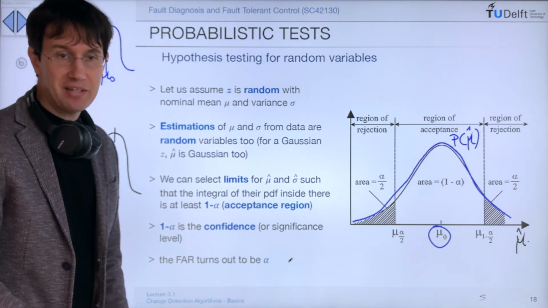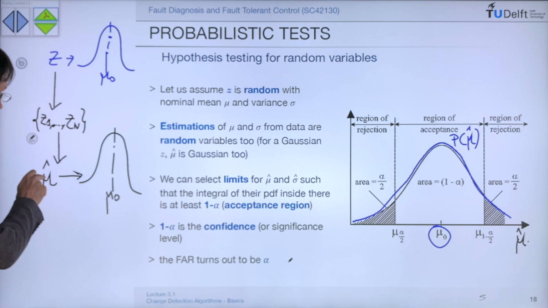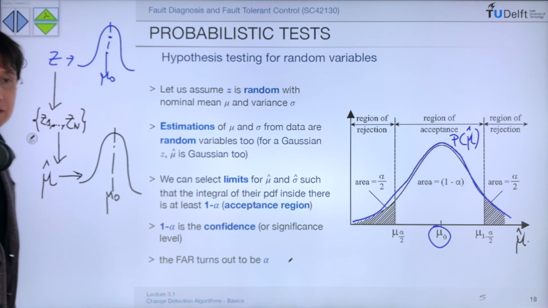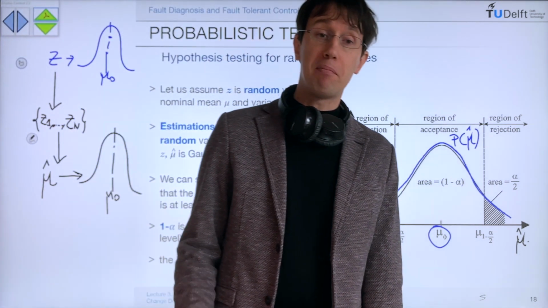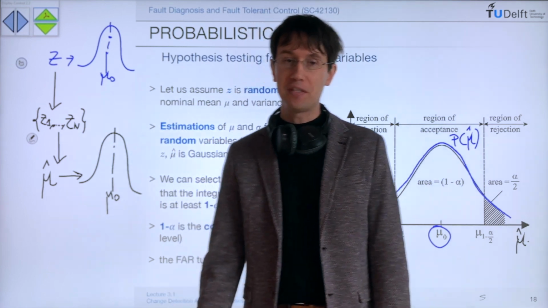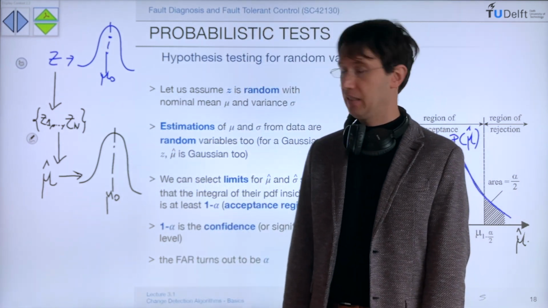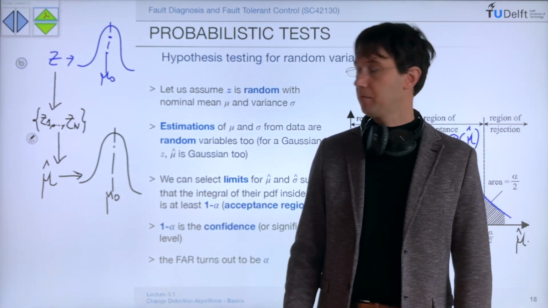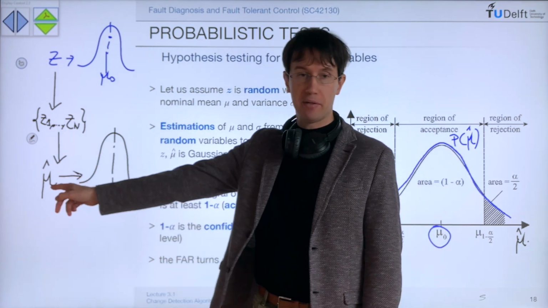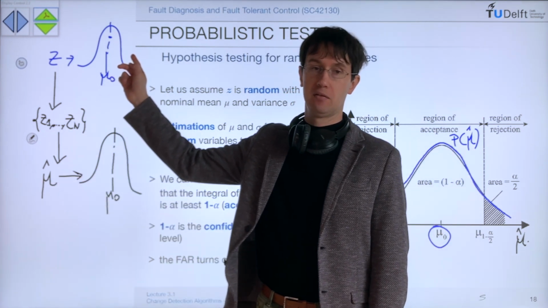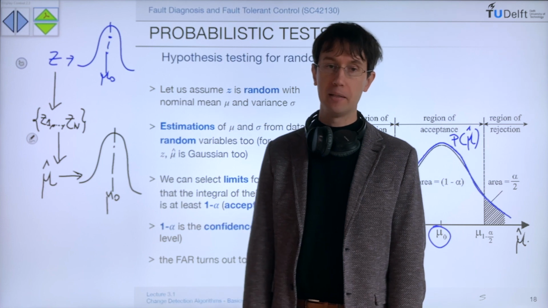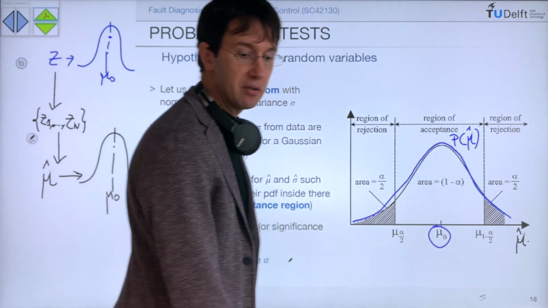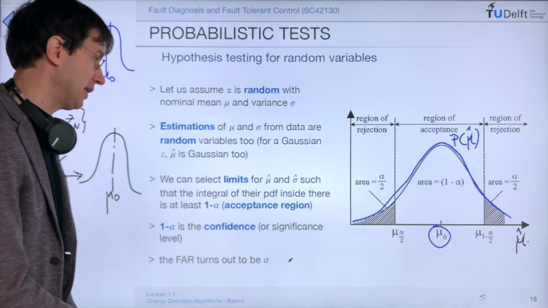This is telling the fact that the empirical mean is an unbiased estimate of the true mean. So there are a lot of means here, but the mean of the empirical mean is the mean nominally. So that's the thing you need to have clear in your mind.